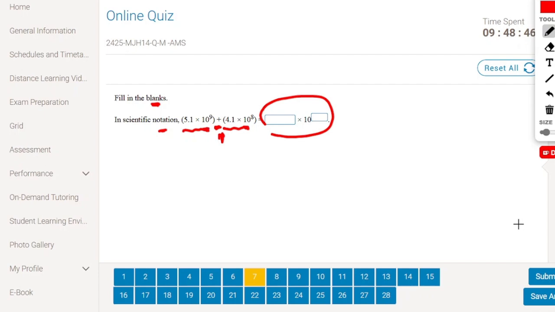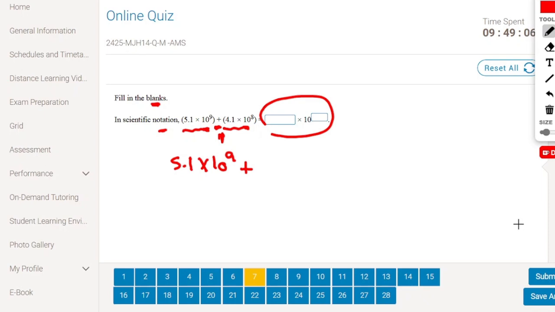So I have here is 9, I have here is 8, so I have to make both powers equal with the highest number. So what is the highest number here? It's 9. So it will be 5.1 multiply 10 power of 9 plus.